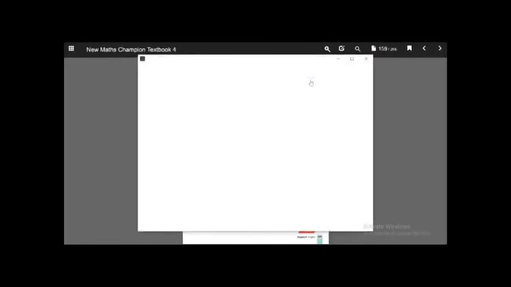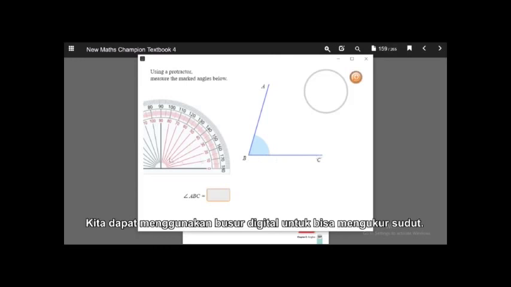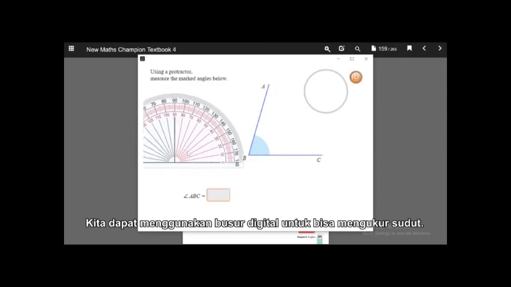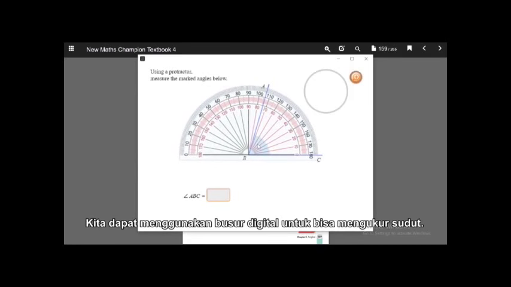This is our digital interactive book, and it is about using a protractor to measure angles A, B, and C. So we can use the virtual protractor to measure this angle.